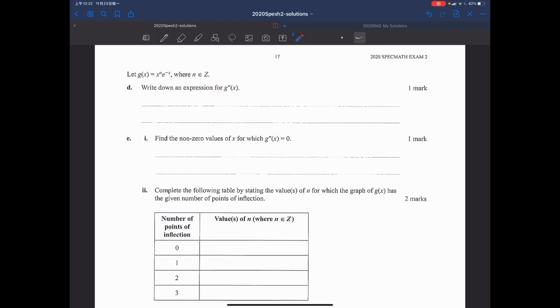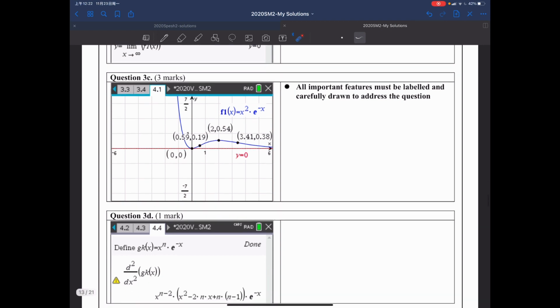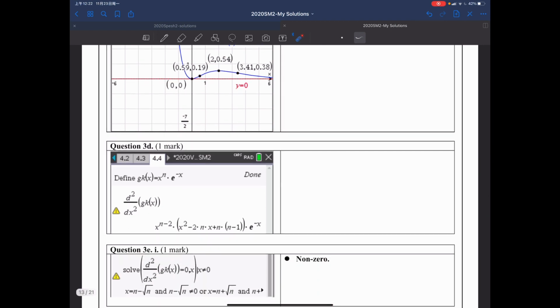So, here you can define your g of x as this, then take the second derivative. Actually, I should say this one is gn of x rather than gk of x. So, your double derivative, just copy down this expression here. But I suggest you write it as g double dash x equal to, okay?